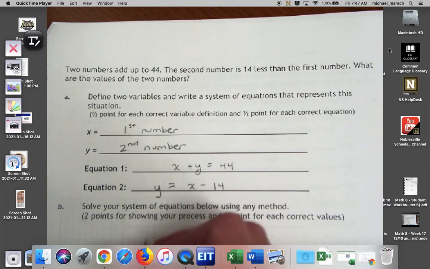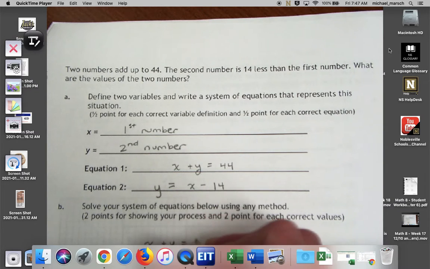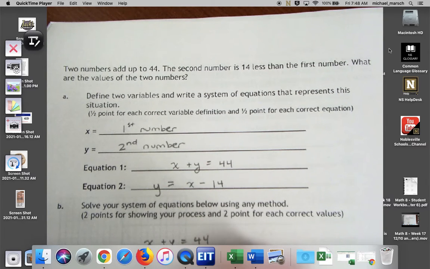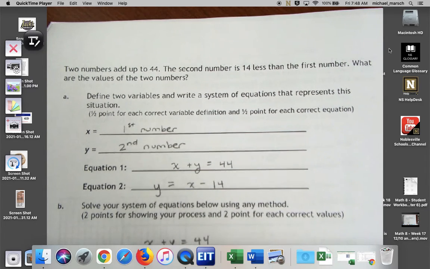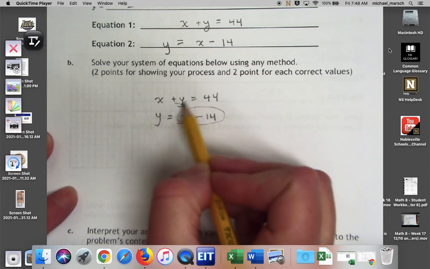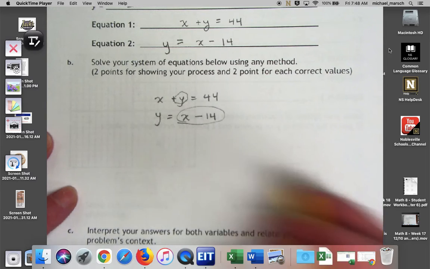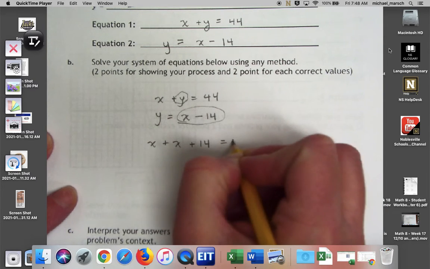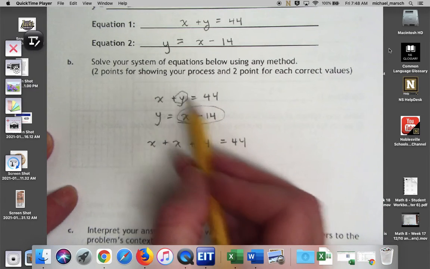So now I'm going to solve this. Lucky for me, y is already isolated, right? So I can easily use this right here and put it into that part of the equation. So I have x plus x minus 14 equals 44. See how I put this where the y was?